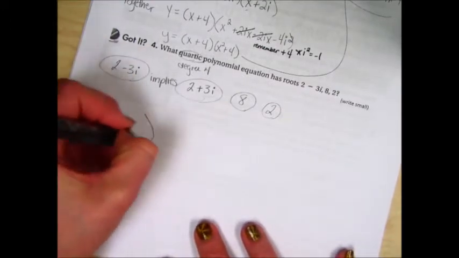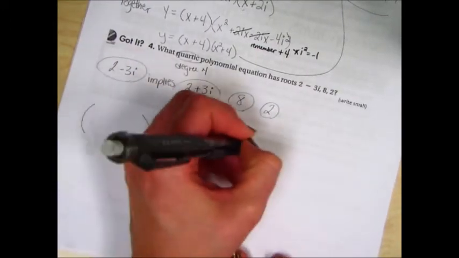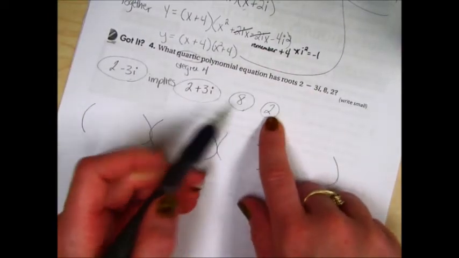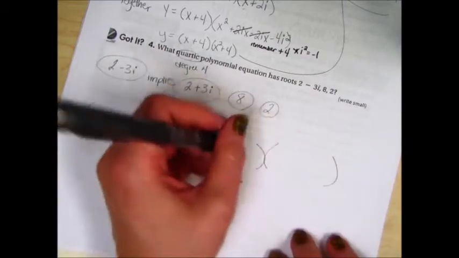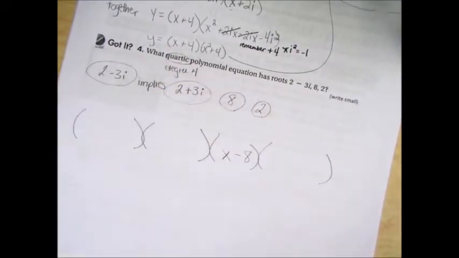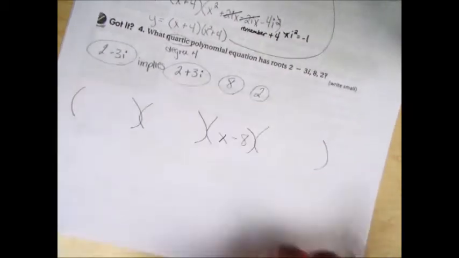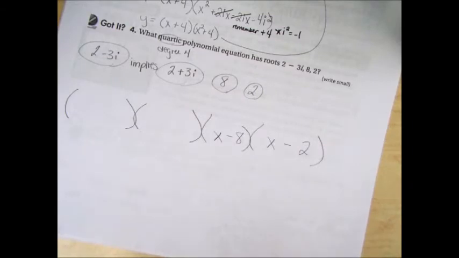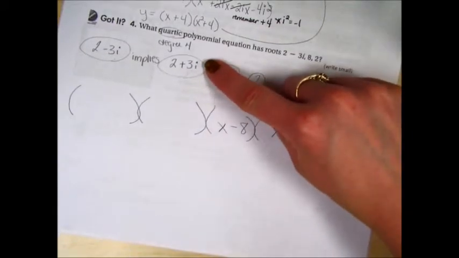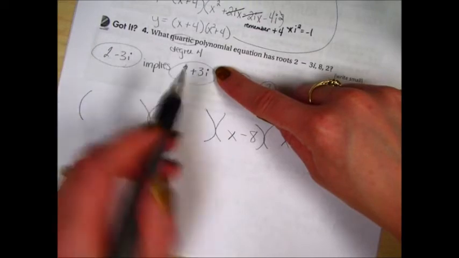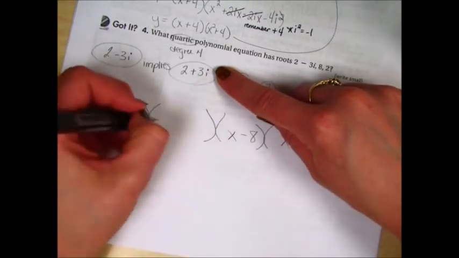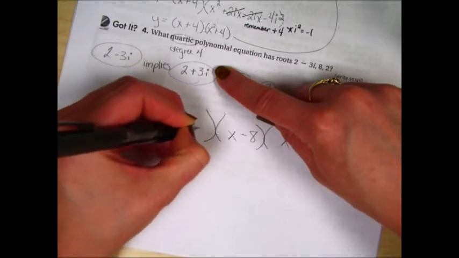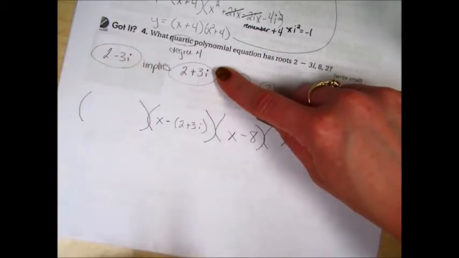In every single answer, we put the opposite of what we see. Let's start with the easy ones. If 8 is an answer, that means that x minus 8 would have been in your parentheses. If 2 is an answer, that means that x minus 2 would have been in your parentheses. Now I'm going to talk about the harder ones. If 2 plus 3i is an answer, that implies that x minus the quantity of 2 plus 3i was a factor.